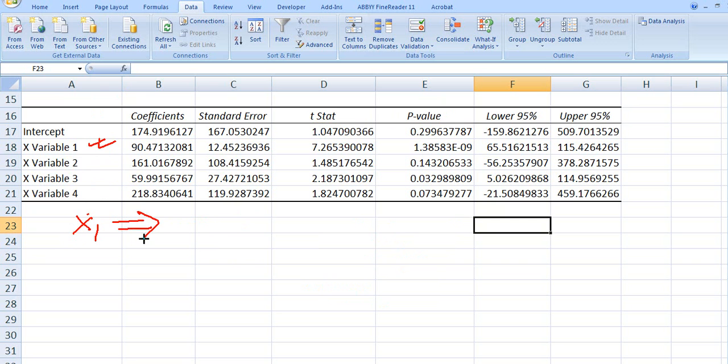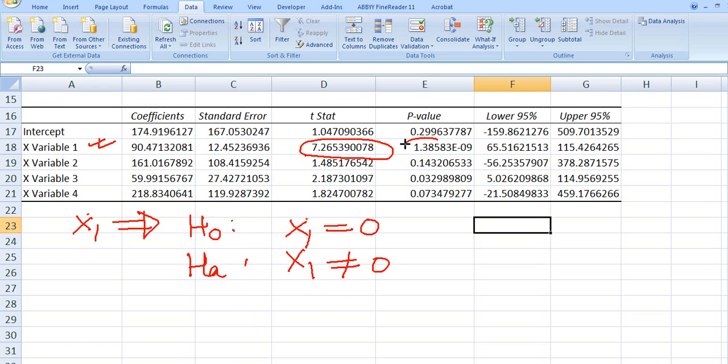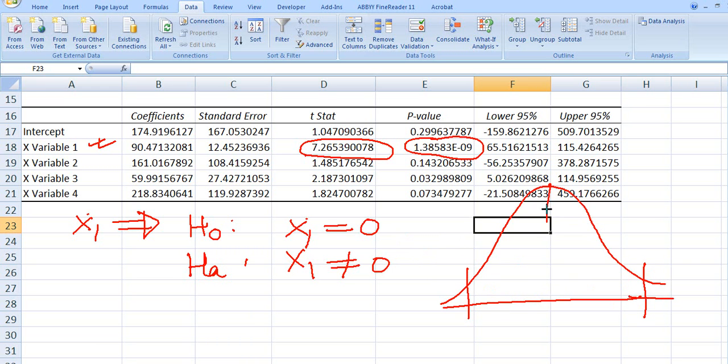In this case, for our variable x1, we'll do a hypothesis test where the null hypothesis H0 is that x1 is equal to 0, versus the alternative hypothesis that x1 is not equal to 0. What we find here is that the t statistic value is 7.26 and the p value is very small. If we assume this as a t distribution, an interval is created around 0.